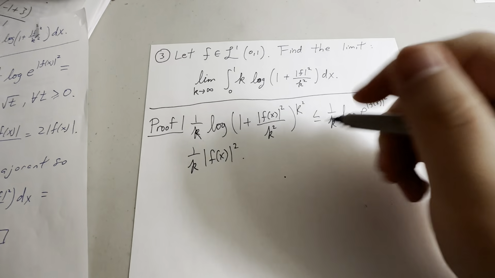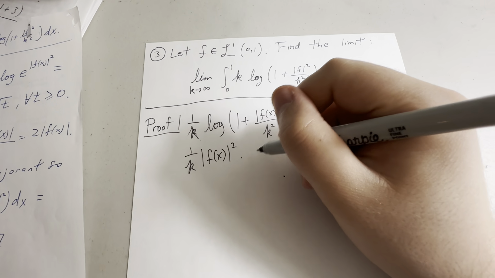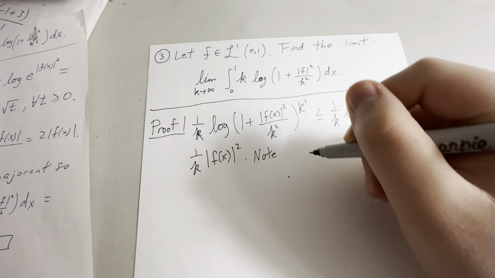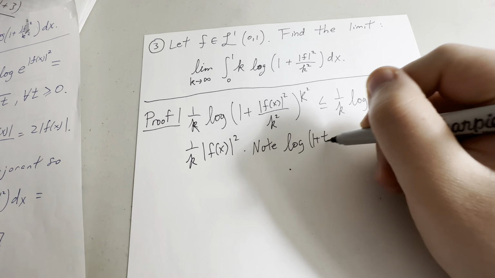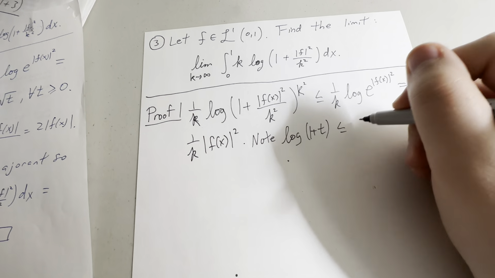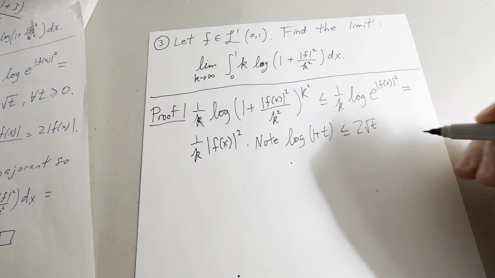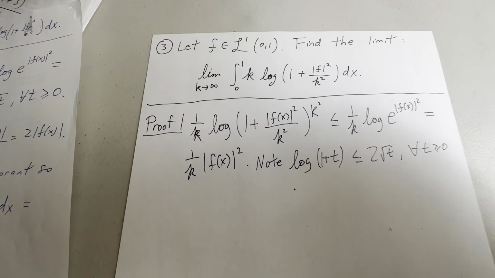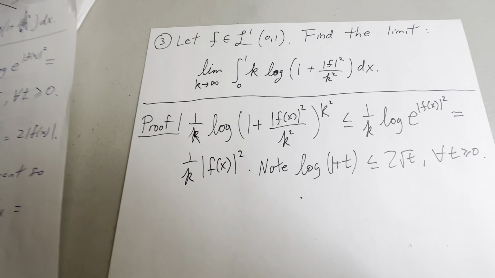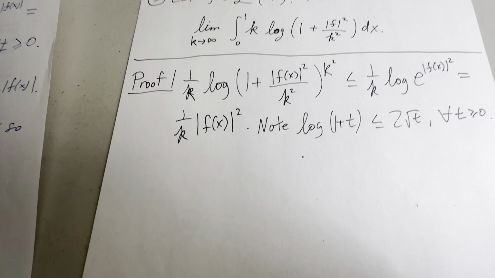Okay, so that's very nice because fx is L1 integrable. And now we make the following remark. Note that the logarithm of 1 plus t is less than or equal to 2 times the square root of t, and that's true for any t non-negative. So why am I doing this here?